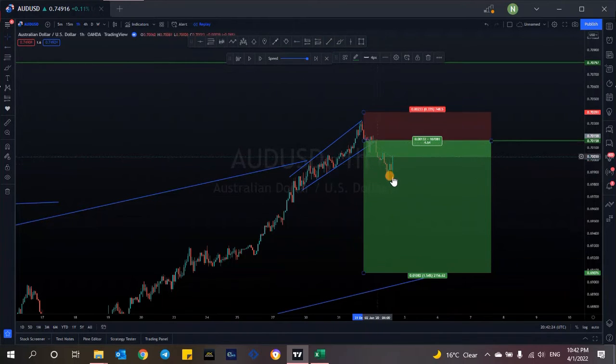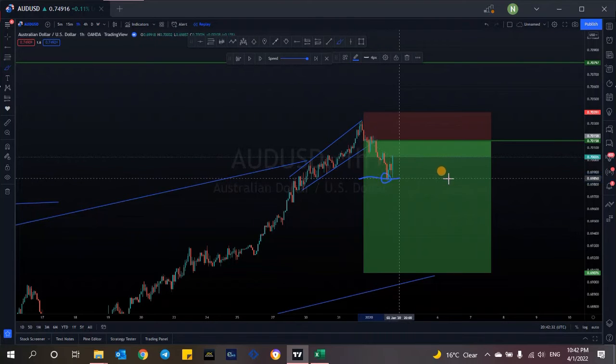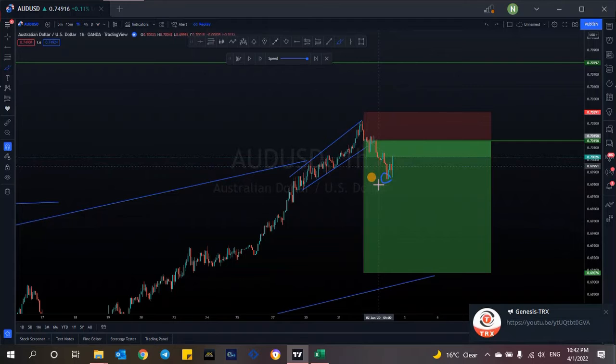As soon as the price comes to this area, we have moved 1% from where I entered, because my risk and my reward at this point are equal. So that is when I move to break even.